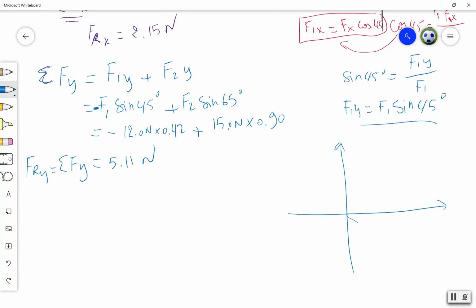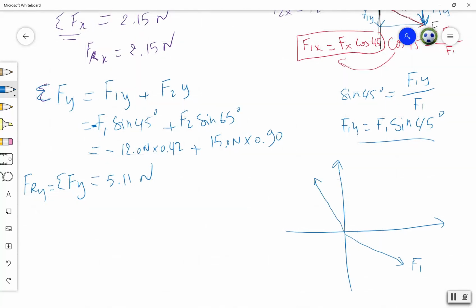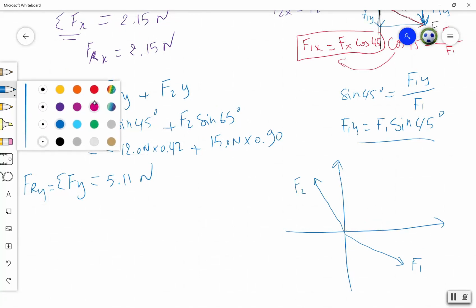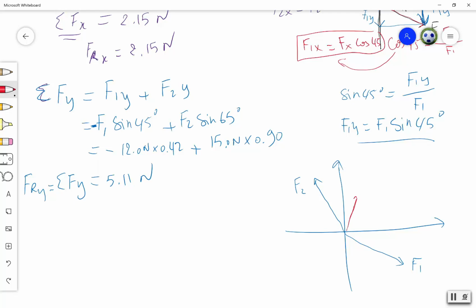This is F1 and this is F2, and here FR. You can see it's kind of a parallelogram. So this is FR, the resultant of these two forces. It has two components, one is FRx and the other one is FRy.